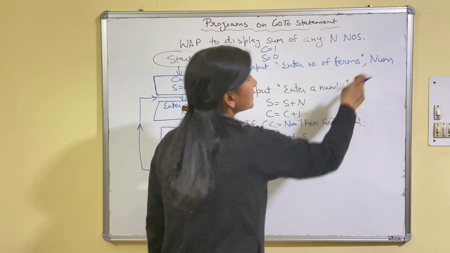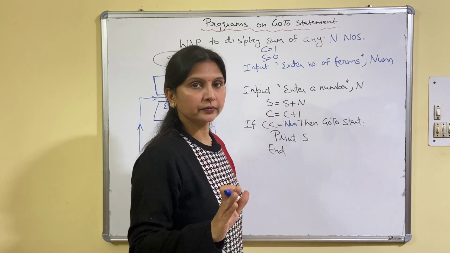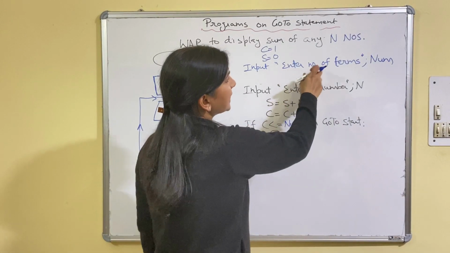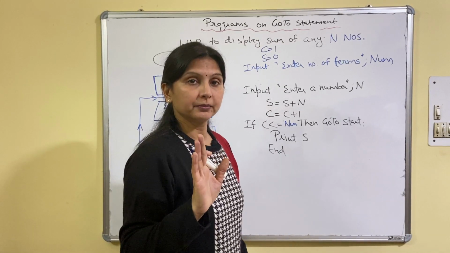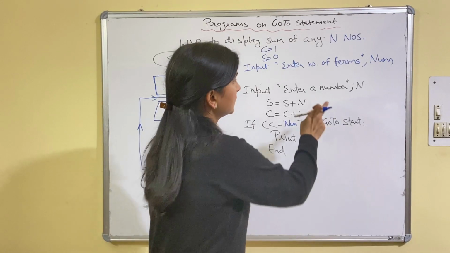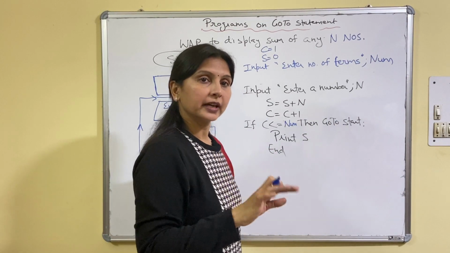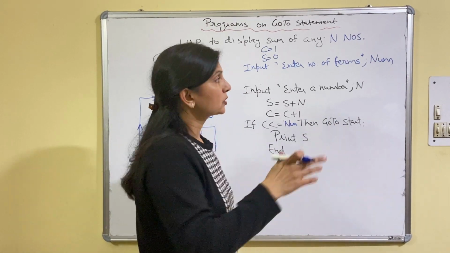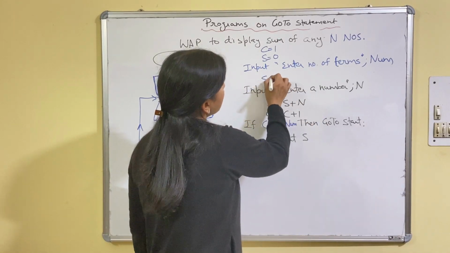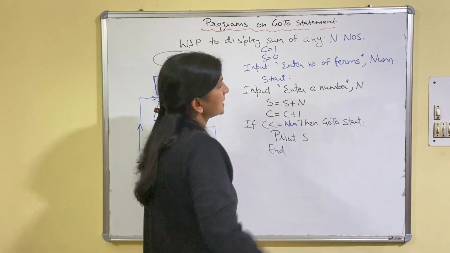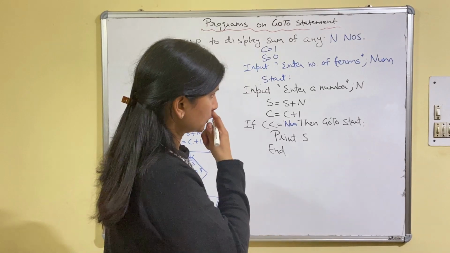But num stands for how many terms there are. Now 10 is not fixed. Suppose it asks enter number of terms, and I give 5. So it will add 5 numbers. Then it will ask you enter a number. Suppose I give 10, 5, 7, 8. So it will add those 5 numbers. Start will be the same, above the input. Okay, the rest is fine, no more changes.